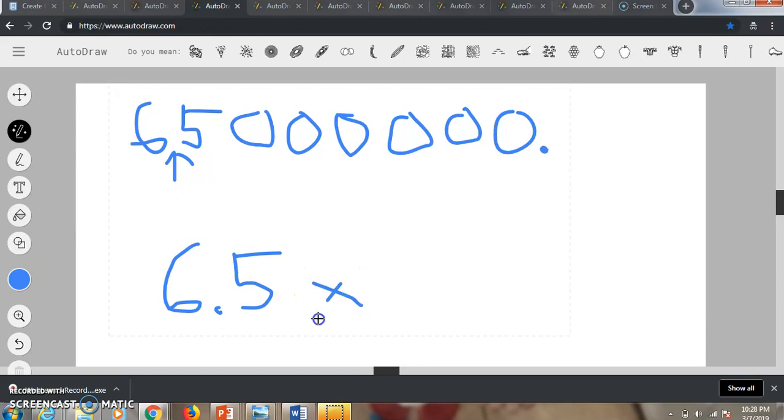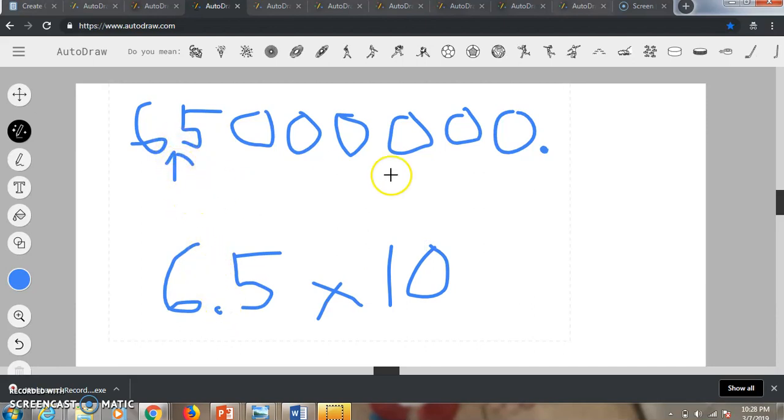So 6.5 times 10 to the power of, and then you count from this decimal place here back to the original spot in standard form. So you count back 1, 2, 3, 4, 5, 6, 7. So 10 to the power of 7.